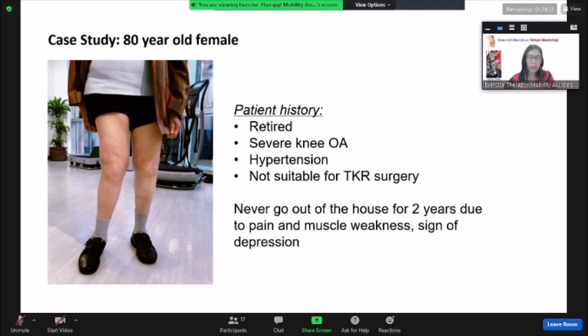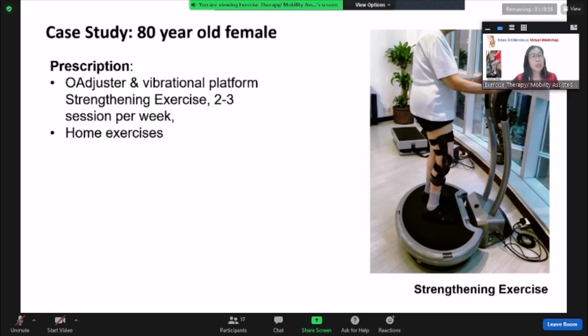She hasn't gone out of the house for 2 years due to the pain and muscle weakness experienced. And there was actually a sign of depression noted. So the treatment given for this patient was that she was prescribed an OA adjuster, which is a rigid brace, and she was put on the vibration platform while wearing the brace to do the strengthening exercises.